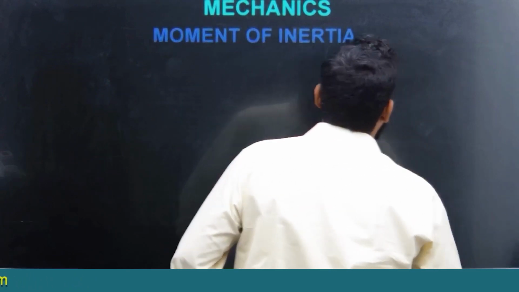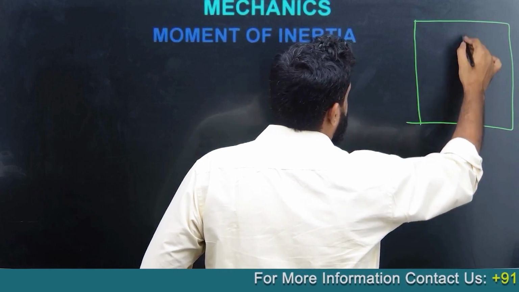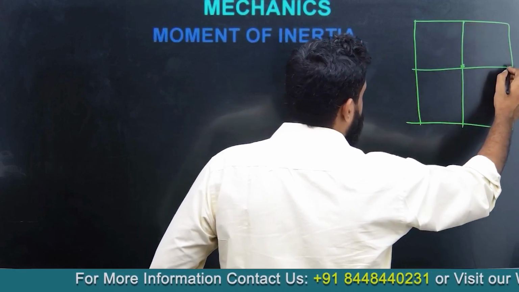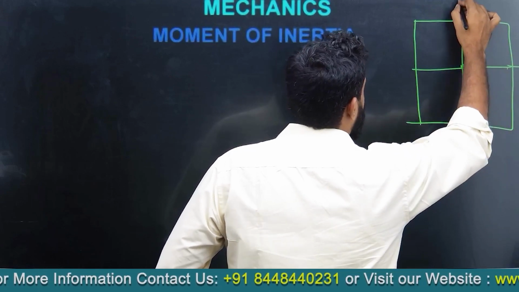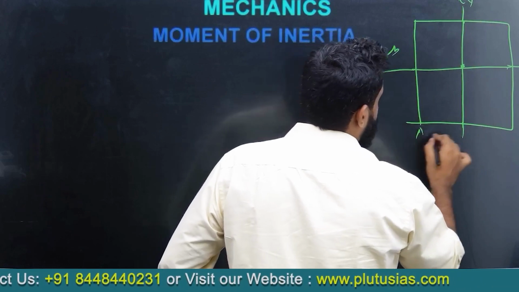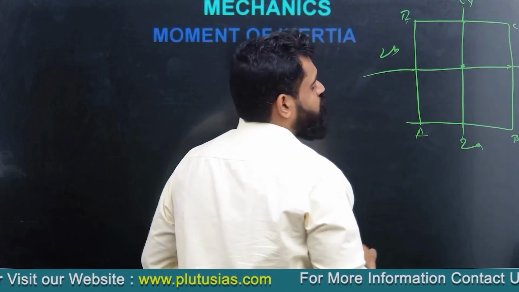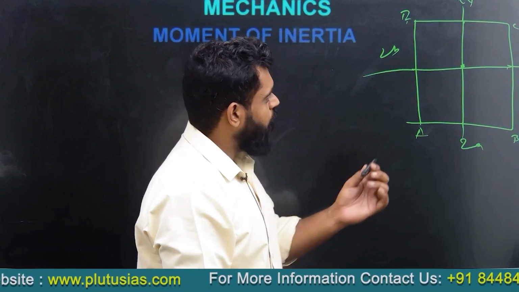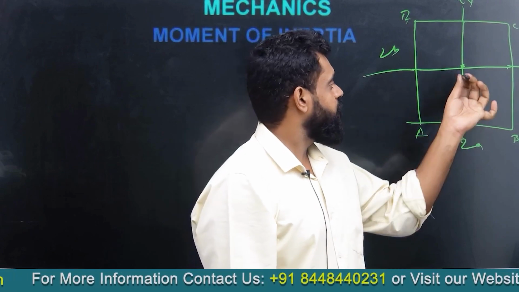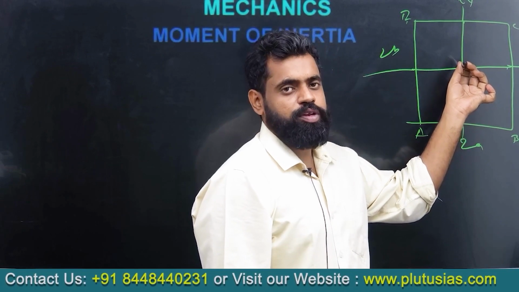Okay, so now another case. Suppose this is x and this is y, and this is 2b, a, b, c, d, and this is 2a. Suppose I need to find the moment of inertia of this rectangle from an axis perpendicular to this.